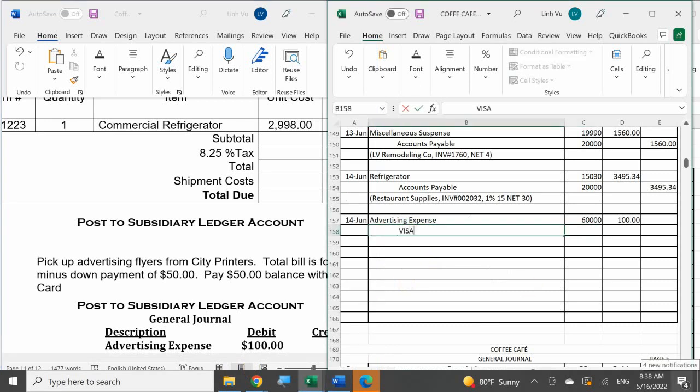So we paid with a Visa credit card for $50. Where's the other $50? What did I do with that other $50?